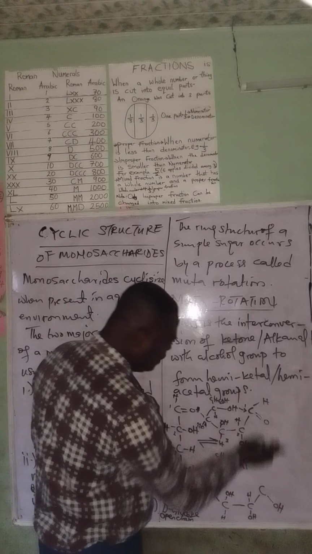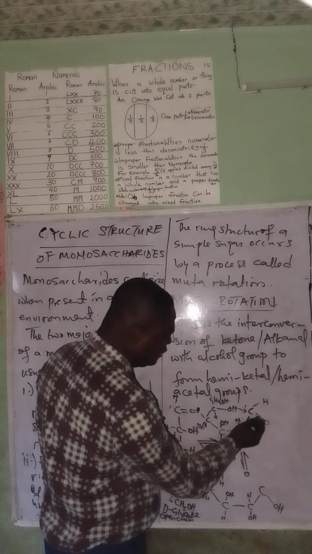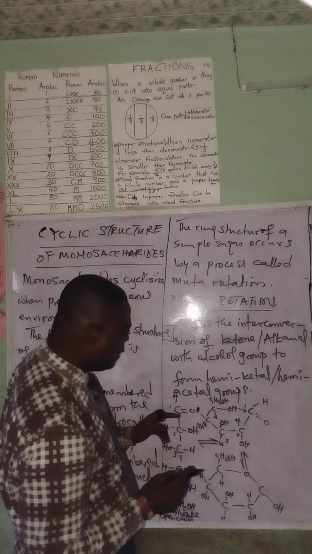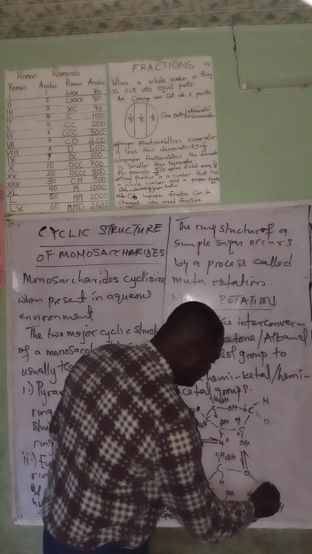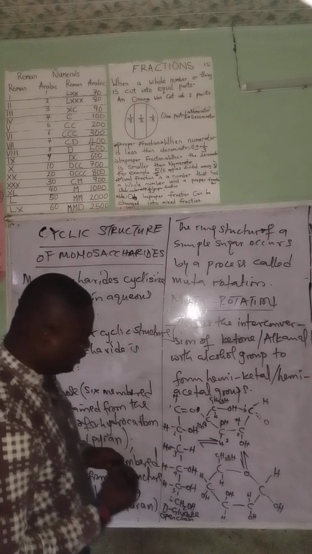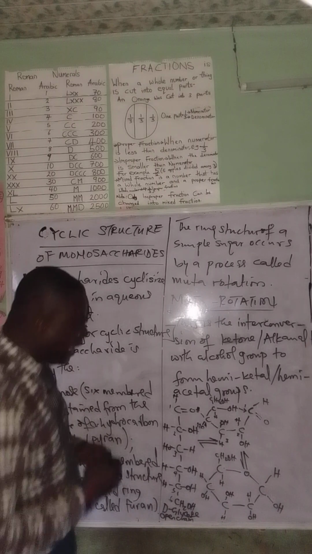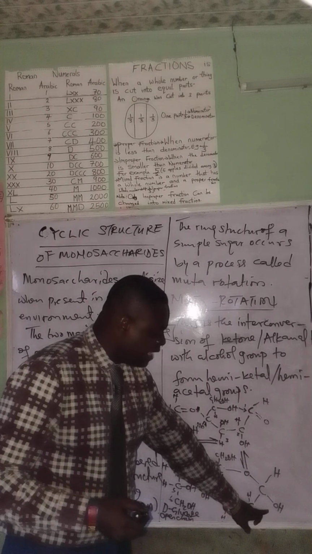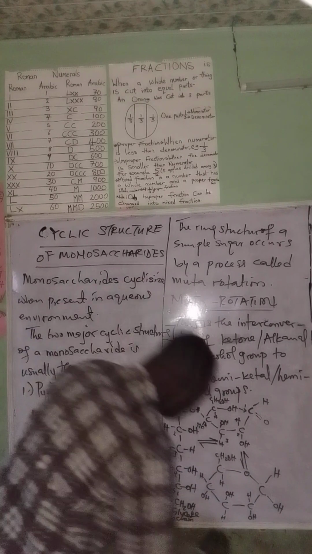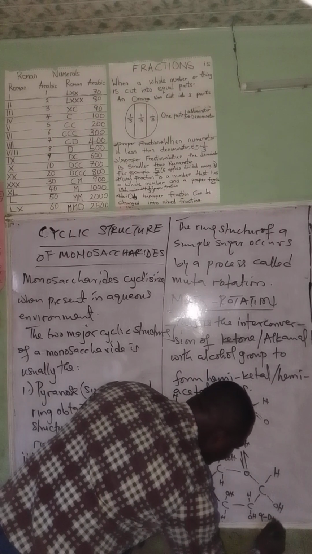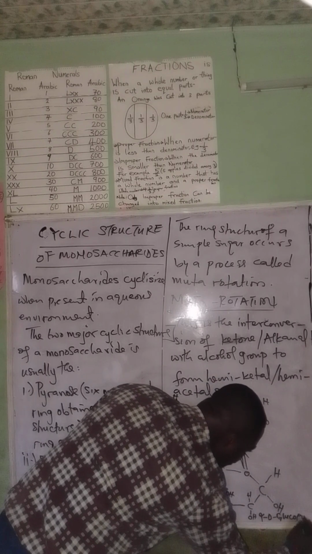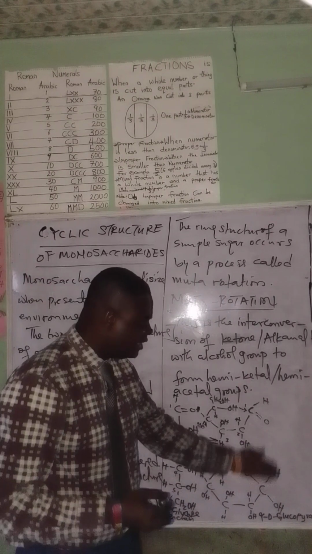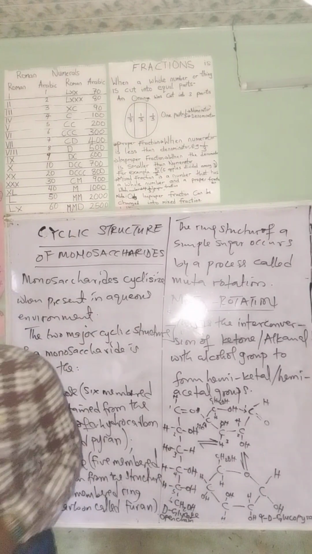Then this O will leave its position and stay here. You know it has two bonds. One bond will come here, another one will come here. Then this hydrogen will remain like that. If the H is up and OH here is down, you call it alpha. So this is alpha D glucopyranose. This is alpha D because OH is down and H is up.